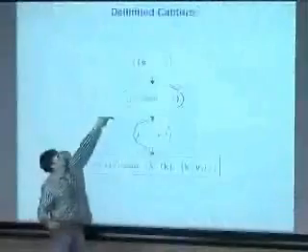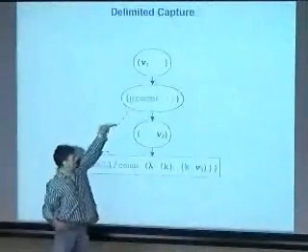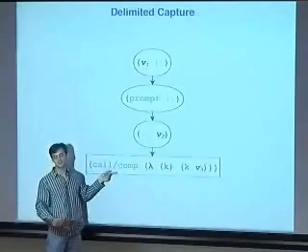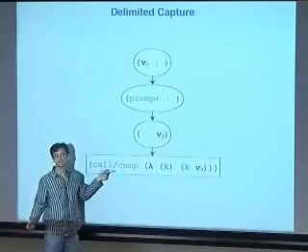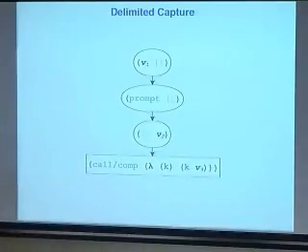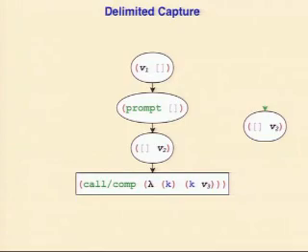In the example, we use prompt to delimit it and, instead of call/cc, I'm using call/comp here to capture a composable continuation. And so that's going to capture just that middle bubble. And put a green arrow on top because it's a composable continuation. All right, so we have several pieces at this point.